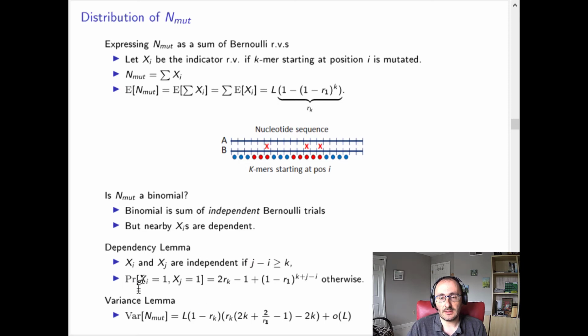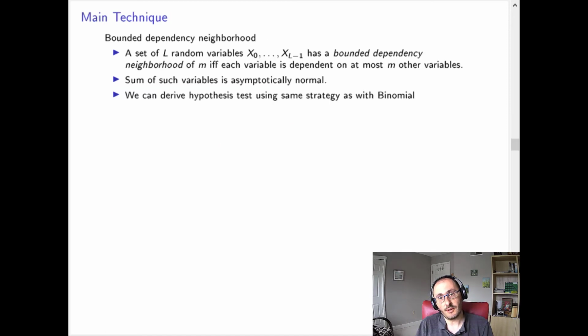From this dependency lemma, we can use some straightforward but tedious algebra calculations to derive the variance of the n-mut random variable. So it already goes farther than just knowing the expectation. Now, if this was a Bernoulli random variable, we would take the expectation and variance and use a normal approximation to compute the confidence interval. But in this case, we don't have that independence between trials.